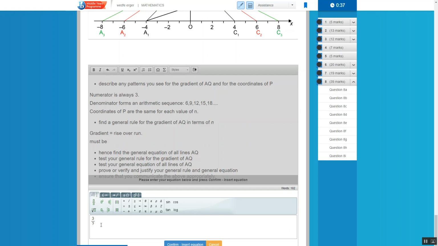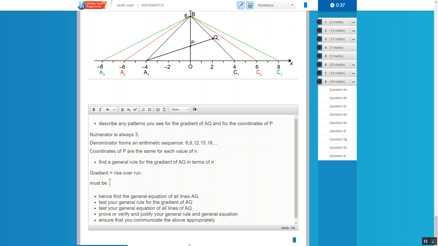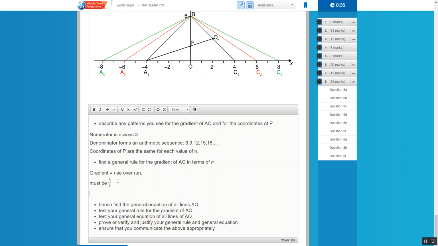Okay, but what is going to go on the bottom? The top number is always 3. The bottom number is going to be whatever this sequence is, because that's our denominator. So 6, 9, 12, 15, 18 has a common difference of 3.